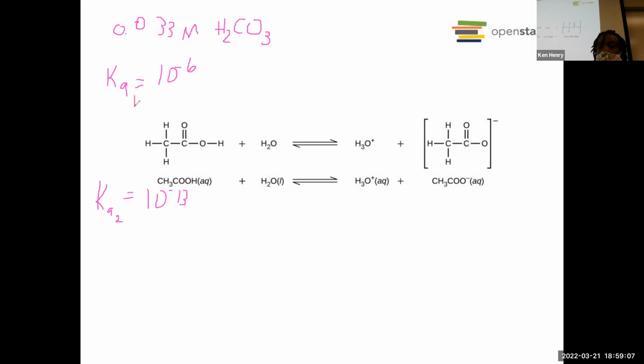So those are your two equilibrium constants. Knowing that, if we're starting off with this amount of carbonic acid, what is going to be the pH of the solution at equilibrium?